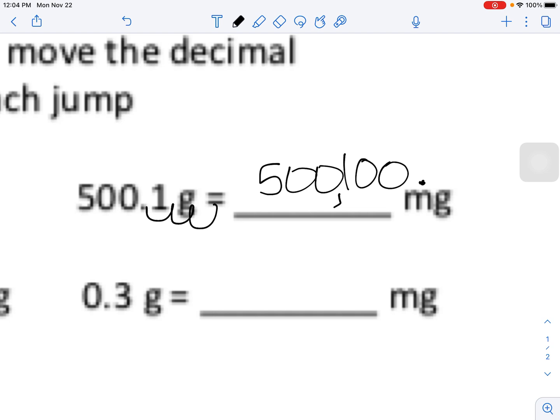Think of how many tablets or toothpicks you would need to have 500 grams. There are 1,000 milligrams in 1 gram. Try this one on your own. Three-tenths of a gram is 300 milligrams.